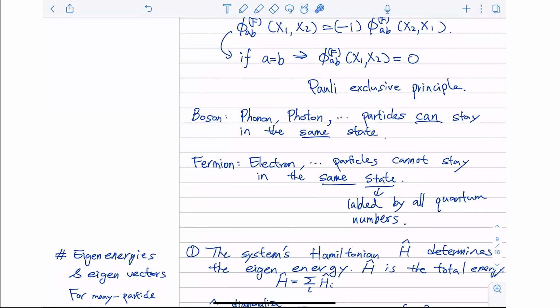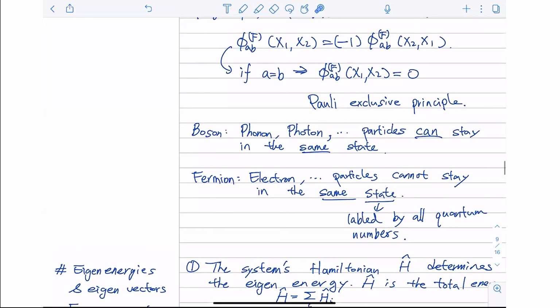So we have discussed the phonon and photon. Basically, they are bosons, and those particles can stay in the same state because they don't have this Pauli exclusion principle. And the most important example for fermions are the electrons, where the particles cannot stay in the same state.